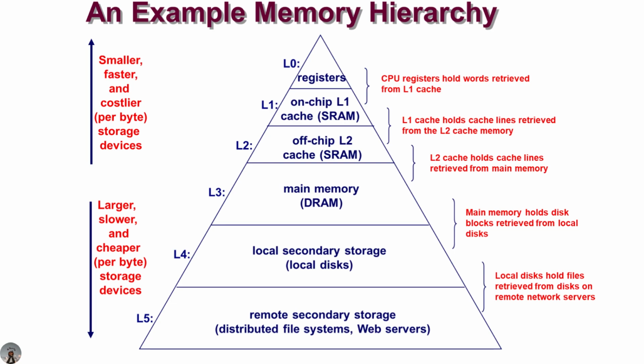Also, L0, L1, L2, L3 represent the internal memory, which is the temporary storage area, and L5 and L4 represent the permanent storage area. As we move from top to bottom in a hierarchy, speed and cost per bit increases. Also, as we move from bottom to top in the hierarchy, access time and capacity increases.